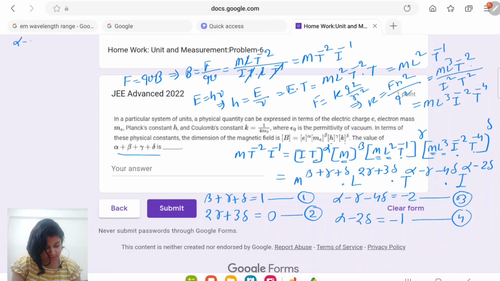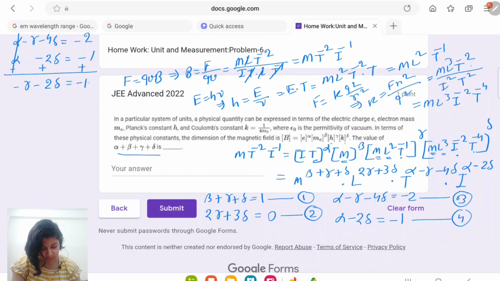So first let us take equation 3 and equation 4. Subtract these two. So they cancel out and we get minus gamma minus 2 delta is equal to minus 1. Let us name this as our equation 5. There is another equation involving gamma and delta, that is the equation 2.